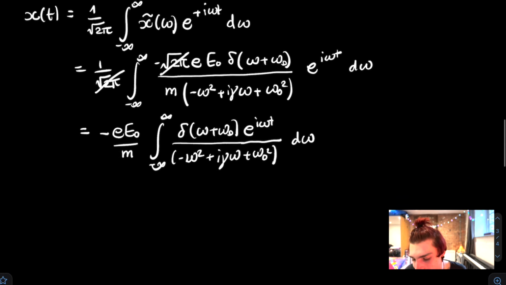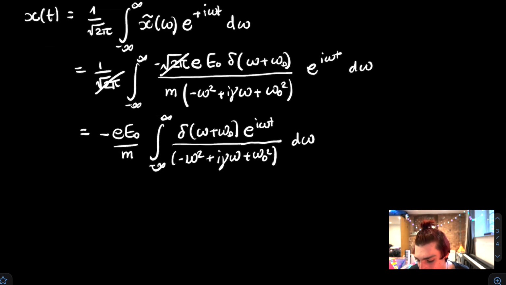Now, this might look like an absolute nightmare, but this delta function is going to help us out a lot, because it has a really useful property, which makes it so that we don't have to do any integration whatsoever, really. What this property is, and I did go through this in my video about the delta function, is that this delta function is basically a sieve for the frequency which it actually wants.